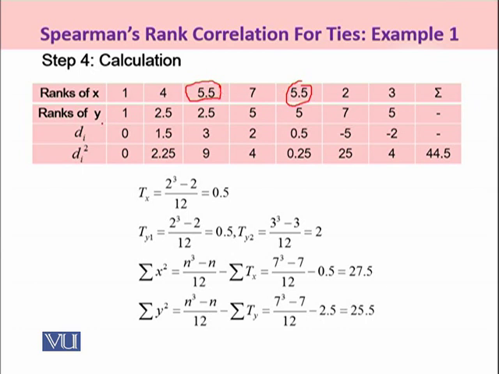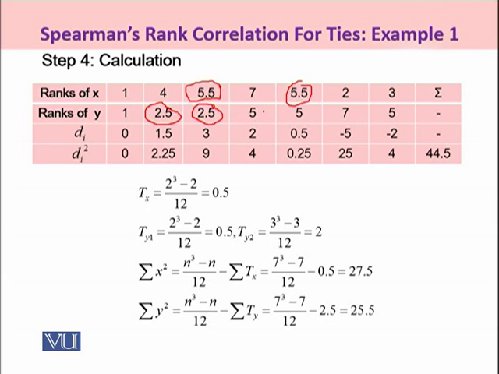As far as the ranks of y are concerned, you can see that we have two sets of ties. One is present here, which is assigned a rank of 2.5, the average rank. The rank of 2 was assigned to this value and rank of 3 to this value. As both observations were identical, we took the average of the two ranks and assigned 2.5 to each of these two observations.